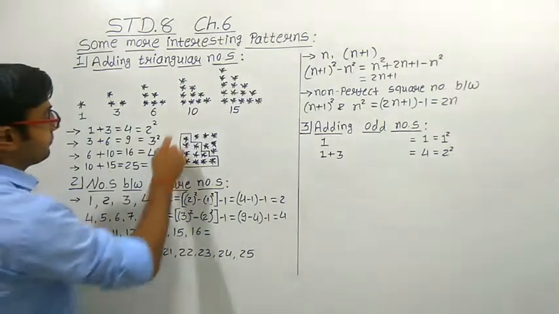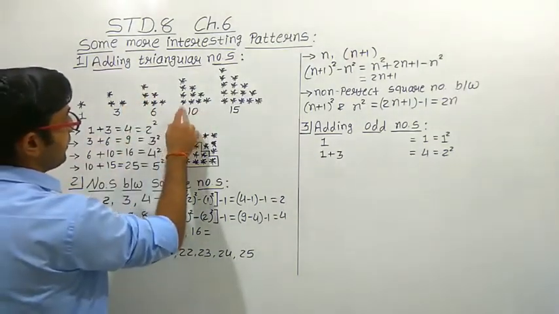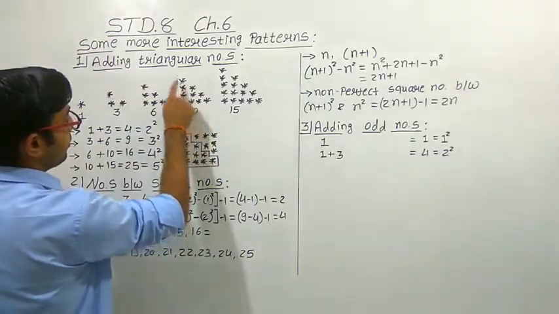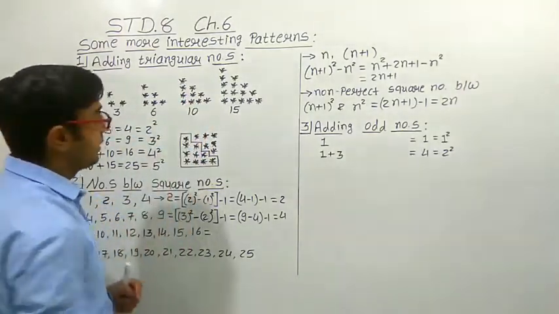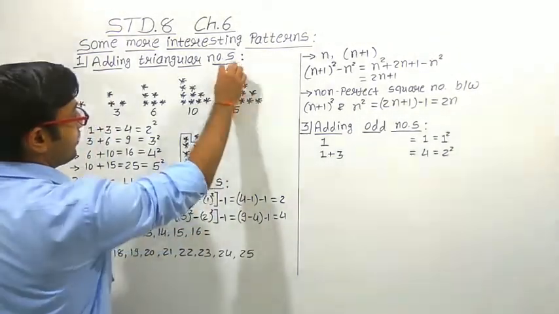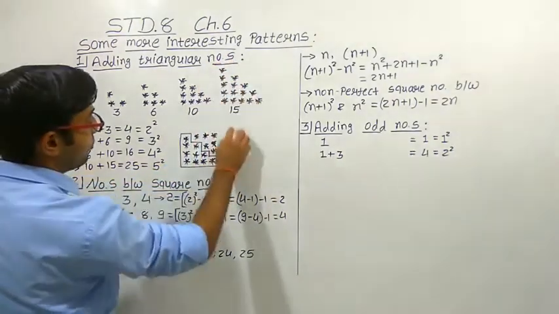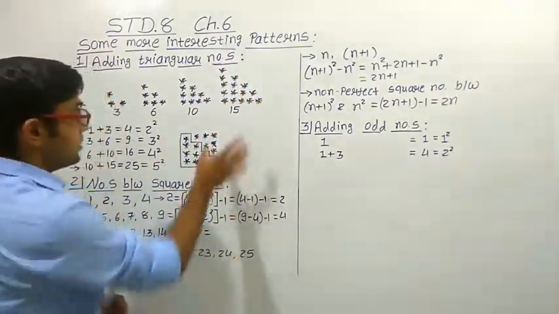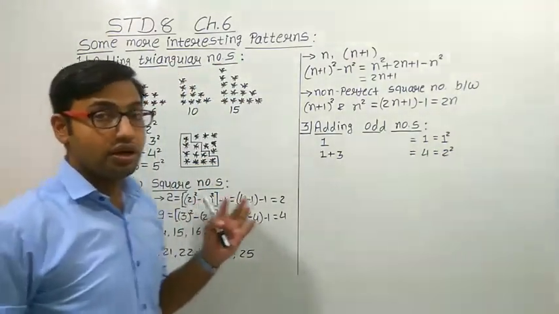In the same way, if we increase one more star here and one more star here, then what happens? 1, 2, 3, 4, 1, 2, 3, 1, 2 and 1. If we count the total, we get 10. Again, if we add one more row, the total stars we count is 15.